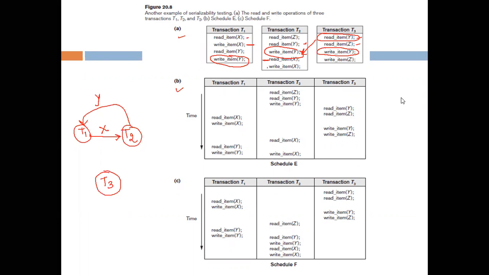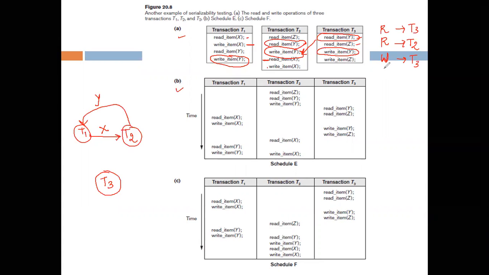And here, once again we can look at this particular operation. Here there is a write operation, and here a read operation. After the read operation, there is one more read operation followed in transaction 2 over here. So read, then followed by read, then followed by write. This is happening in T3, this is in T2, this is in T3.